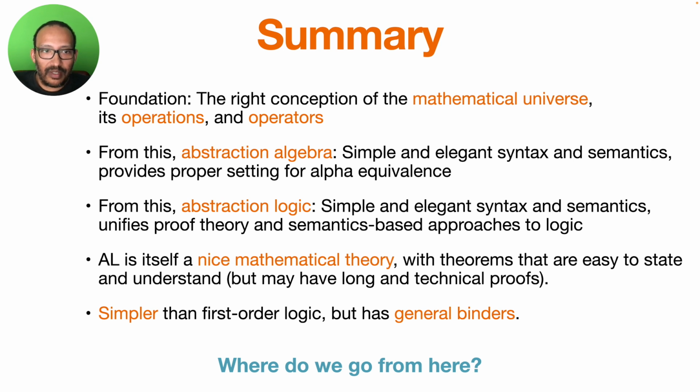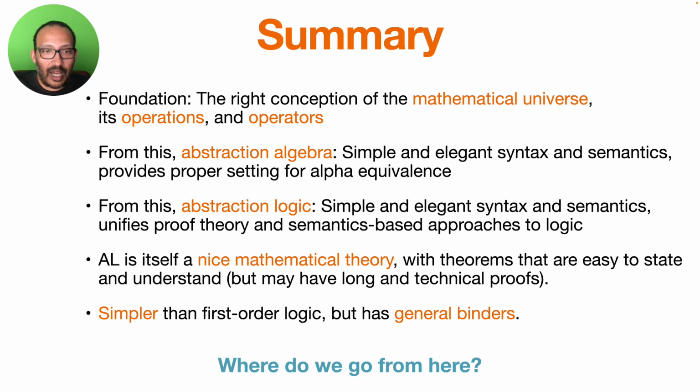And once you have that, then abstraction algebra gives you a simple and elegant formal language with a simple, elegant syntax and semantics, and it provides the proper setting for alpha equivalence. You can define alpha equivalence in a purely semantic way, in a simple way, and it's the same as the usual syntactic definition or characterization of alpha equivalence.